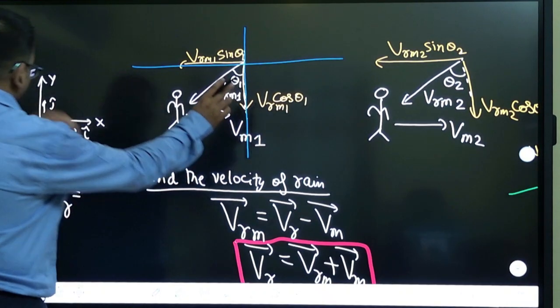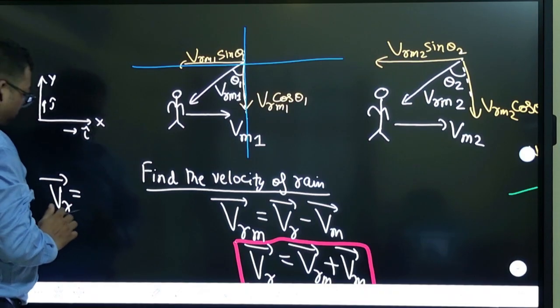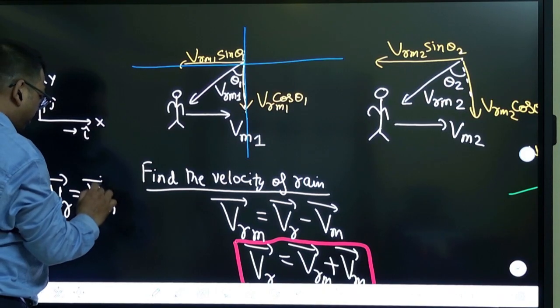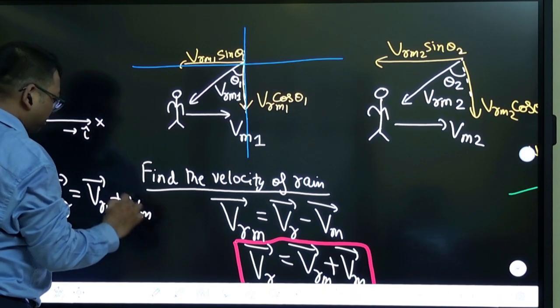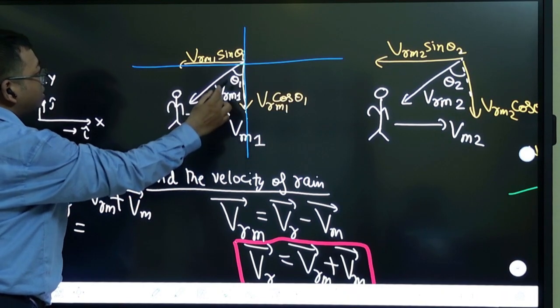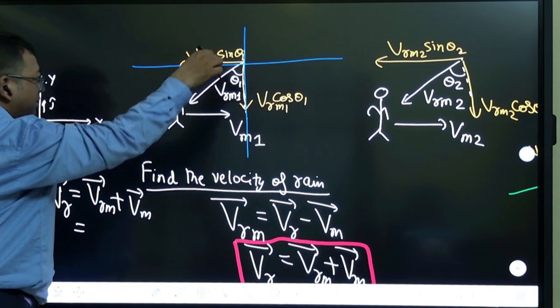Now you tell me, what is the VR vector? VR vector is VRM vector plus VM vector. Now the VRM vector has two components, one along the negative x axis and one along the negative y axis.